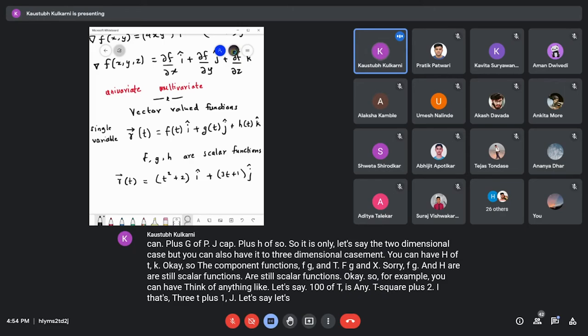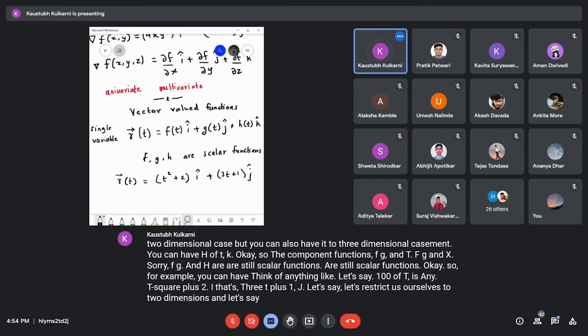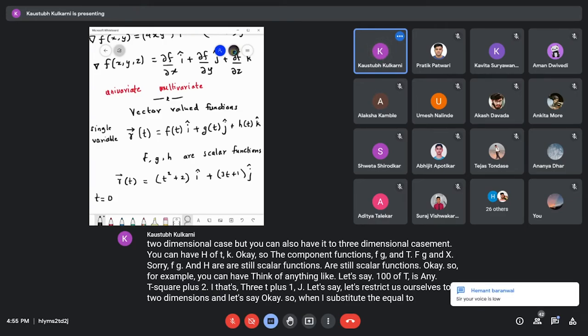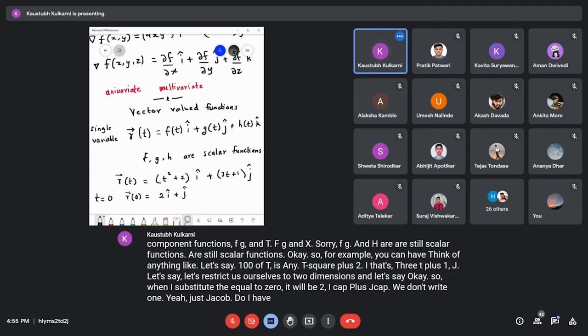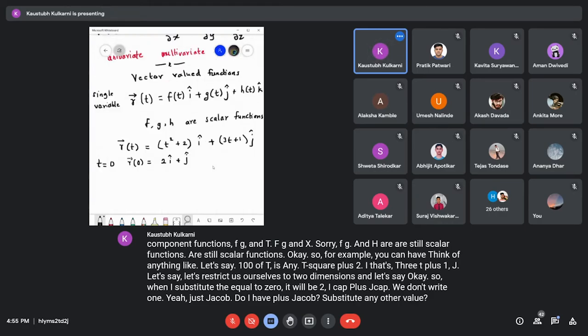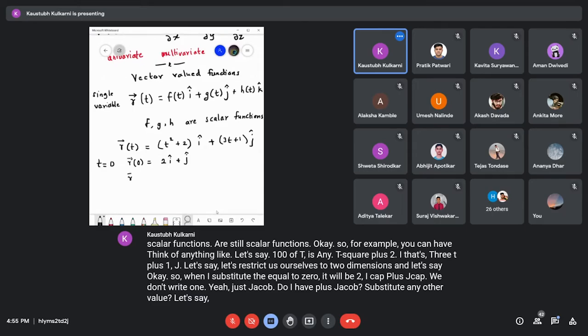Let's restrict ourselves to two dimensions only. Okay, so when I substitute t equal to 0, it will be 2 i cap plus j cap. We don't write one j cap, just j cap. 2 i cap plus j cap. Substitute any other value, let's say 2.